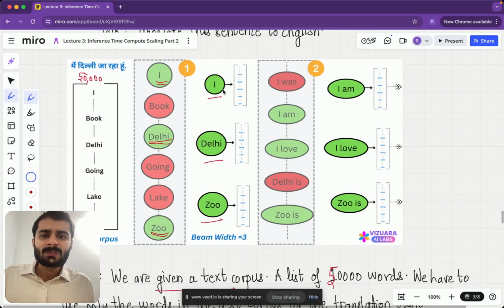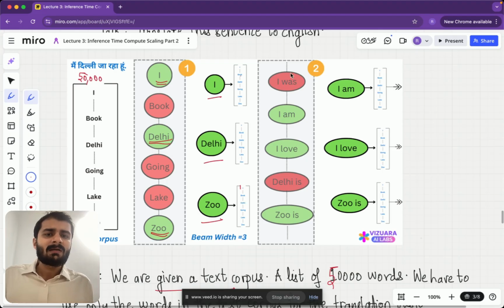Now how many combinations do we have to see? Let's say 10,000 plus 10,000 plus 10,000. Sorry, this is 50,000. 50,000 plus 50,000 plus 50,000. Out of 1,50,000 combinations, we have to choose the best three combinations of the first two words.